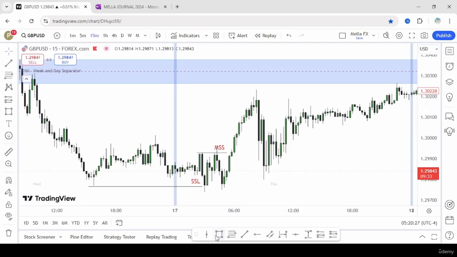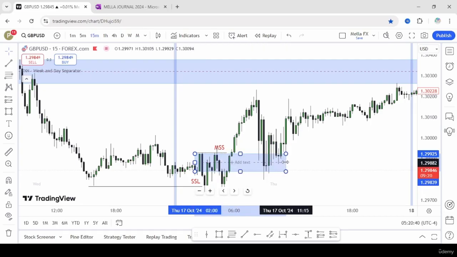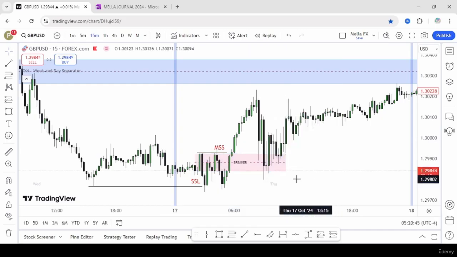For the next thing, you wait for the retest. The retest and the breaker that we're interested in is this body, the up-close body before this down move. So this is our breaker. Extend it, outline it as a breaker.